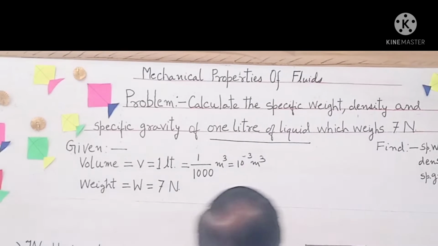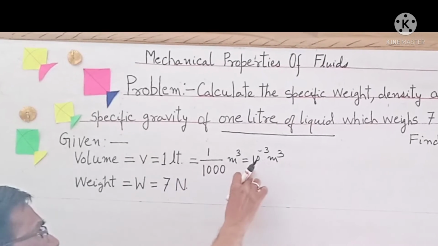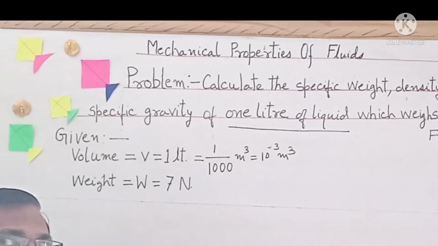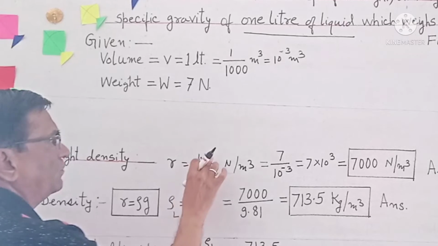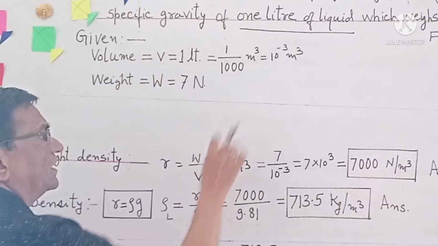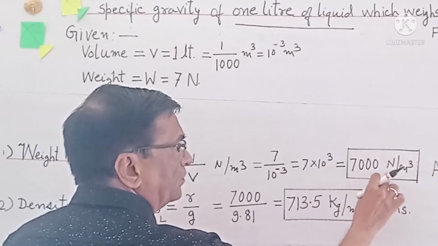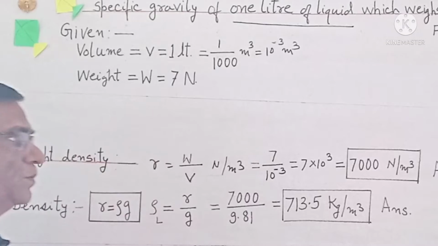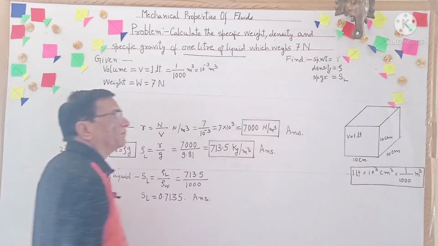In this way, the 1 liter volume comes out to be 10 raised to minus 3 meter cube. Now putting the values of weight W equal to 7 and volume equal to 10 raised to minus 3, gamma comes out to be 7000 Newton per meter cube. This is the first answer that is required.